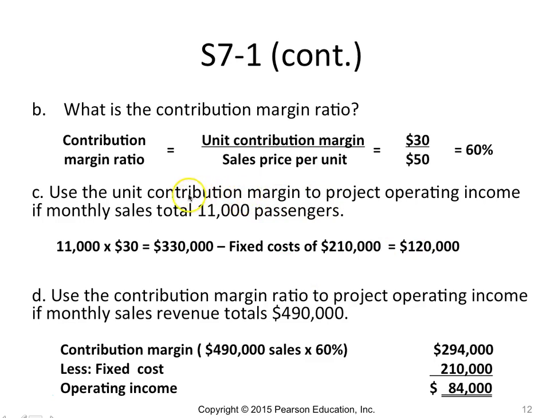So use the unit contribution margin to project operating income. Unit contribution margin gives us the contribution margin, because you can simply use this one times total units, minus fixed cost. Then you get to this one.